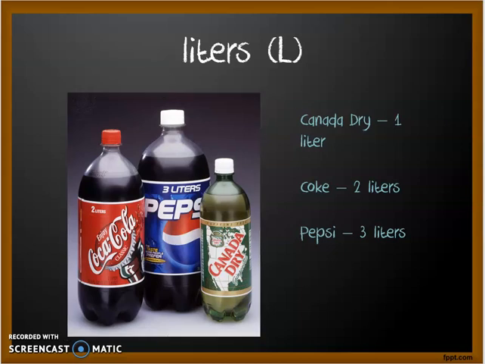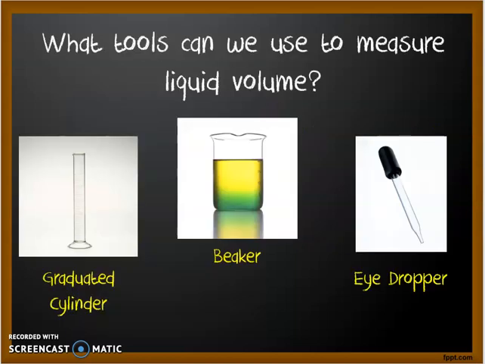Okay. So, what tools can we use to measure liquid volume? We can use a graduated cylinder and a beaker. Those are probably two items you've seen in science lab. And we can also use an eyedropper, because remember we said a milliliter is about 20 drops of water.